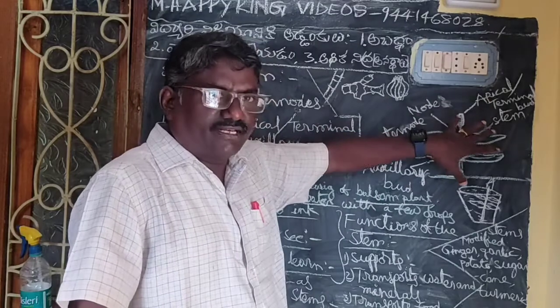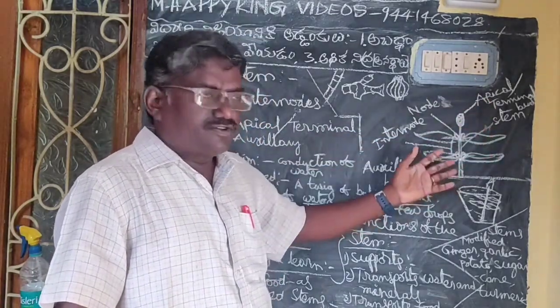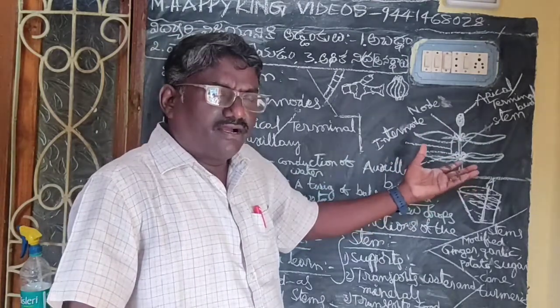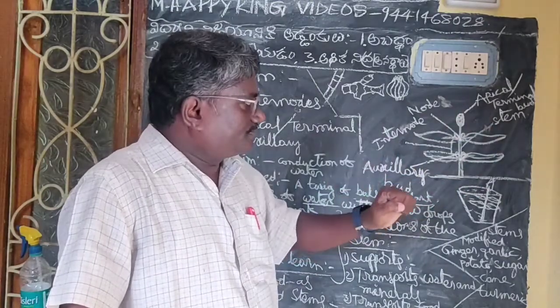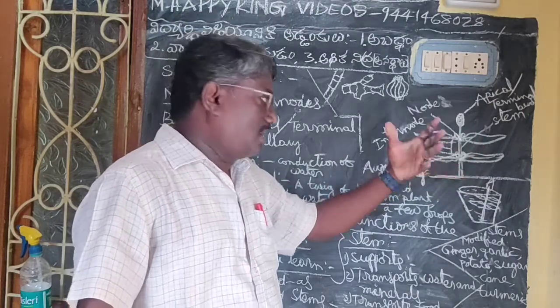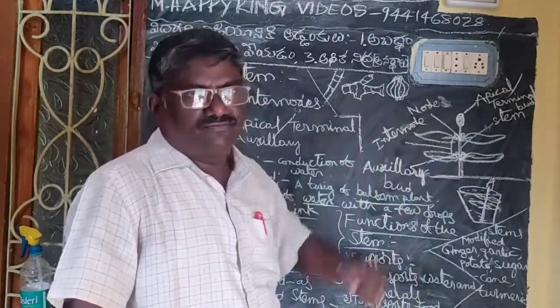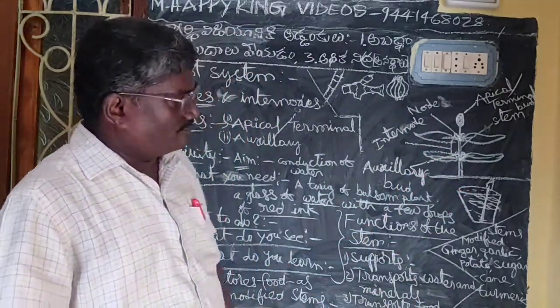The shoot system contains leaves, flowers, fruits, buds, etc. సో దీని ప్రకాండ వ్యవస్థ అంటారు. దీనికి పత్రాలు, అలాగే ఫ్లవర్స్, పుష్పాలు, కాయలు, పండ్లు అన్ని దీనికి ఇది సపోర్ట్ చేస్తుంది, వాటికి ఆధారం.